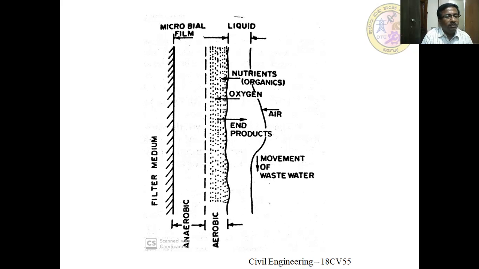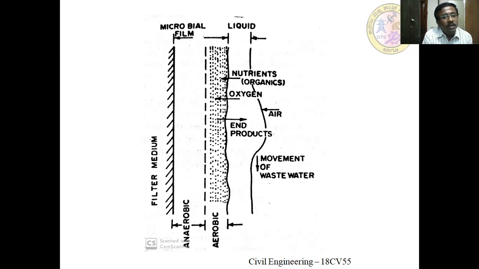The film that develops due to the contact of the organic matter or wastewater with the inert material is called the film layer or biofilm. In that, the reaction takes place, and it reduces the concentration of organic matter present.